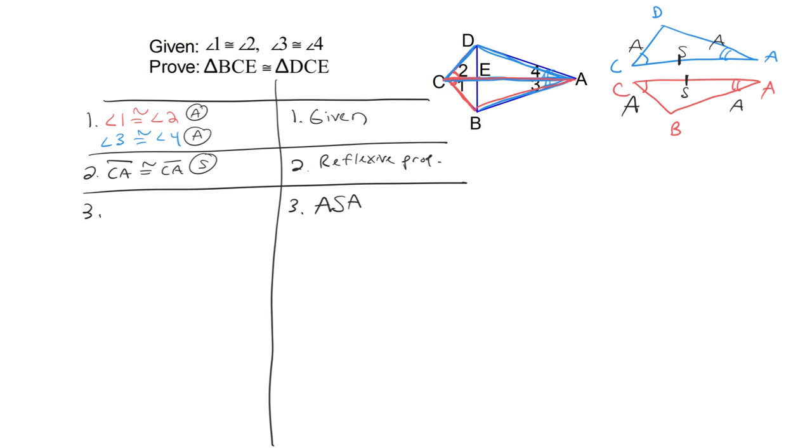Even though it does not say angle, side, angle in that order, our picture still shows angle, side, angle. All right, so I have to name these 2 triangles and state that they're congruent. So C corresponds with C, B corresponds with D, and A corresponds with A, using angle, side, angle.